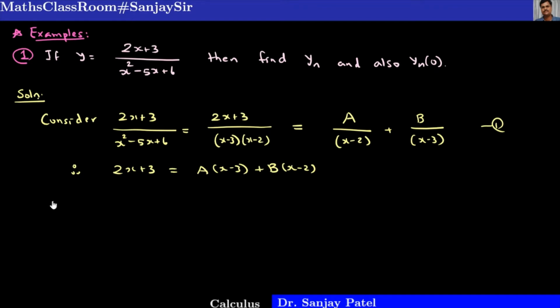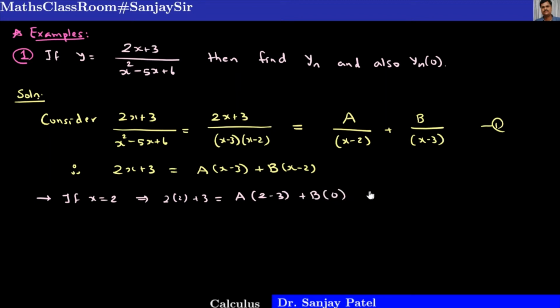So let us take x equal to 2. Then on the left hand side we get 2 into 2 is 4 plus 3. This is equal to a into (2 minus 3) plus b into 0.